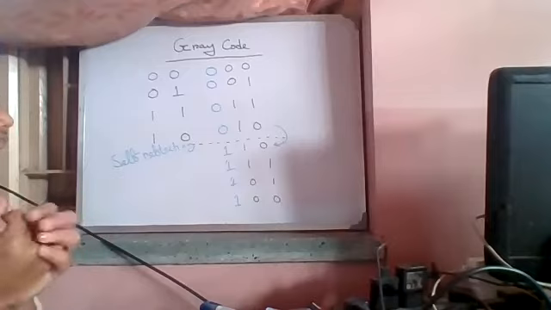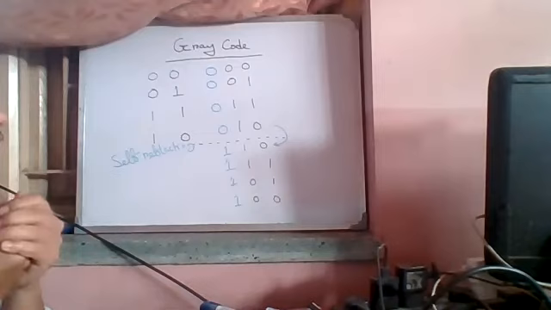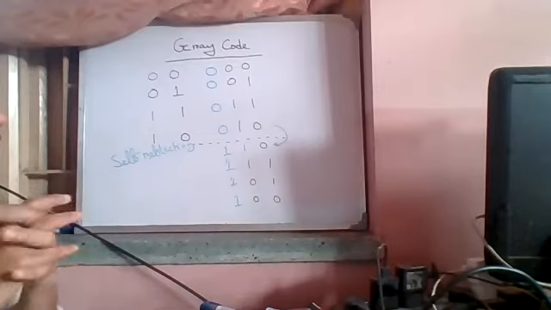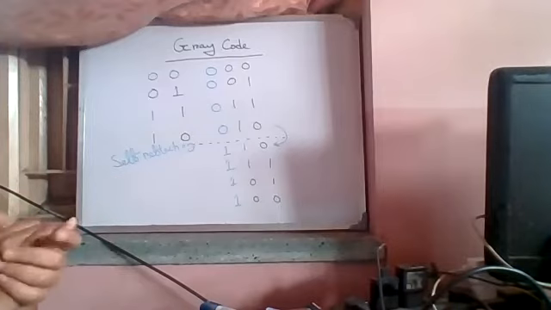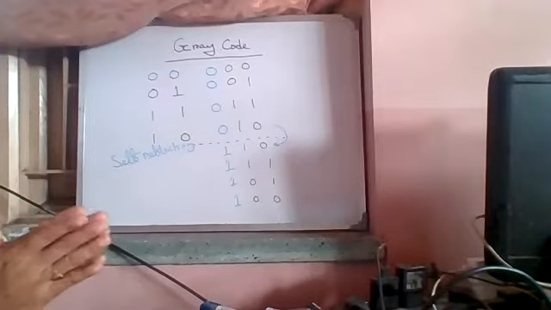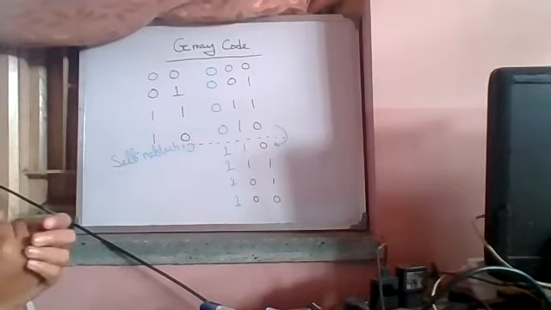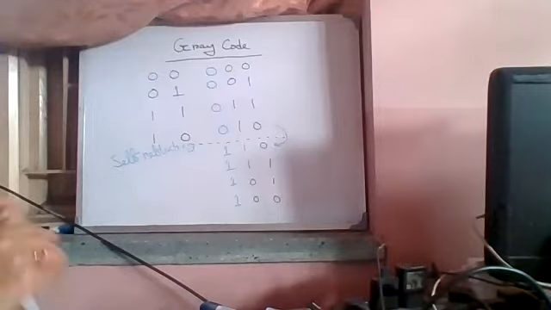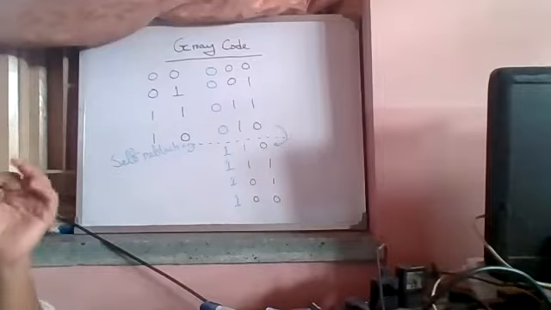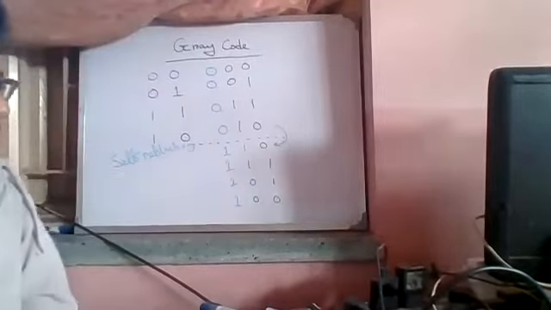Now, coming to the conversion mechanism. Suppose we want to convert binary to Gray. How to do that? Before starting this conversion, I want to mention here that Gray code has some problem.